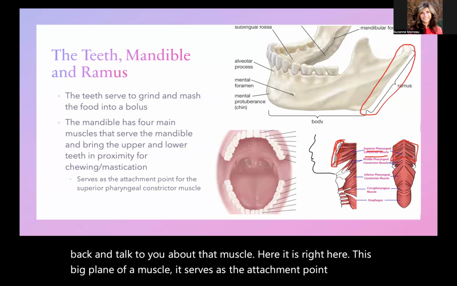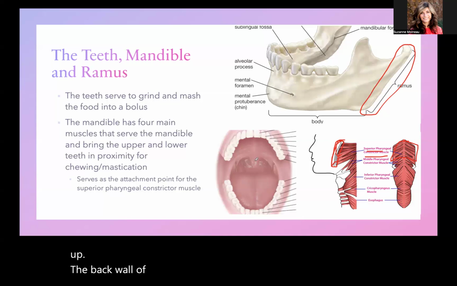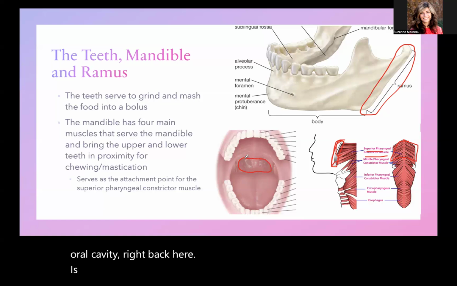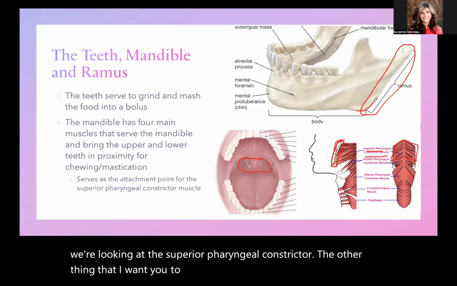The mandible serves as the attachment point for this muscle that makes up the back wall of the pharynx. So when we look in the back of the oral cavity, right back here is the pharyngeal constrictors. Okay, so when we look back there, we're looking at the superior pharyngeal constrictor. The other thing that I want you to be aware of is this angle, this ramus right here.